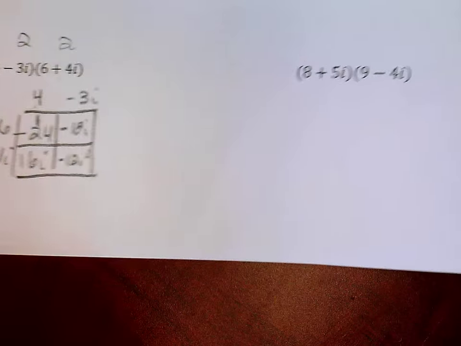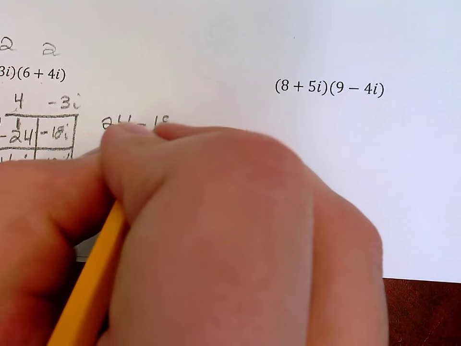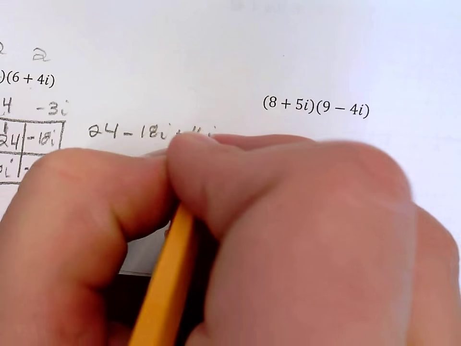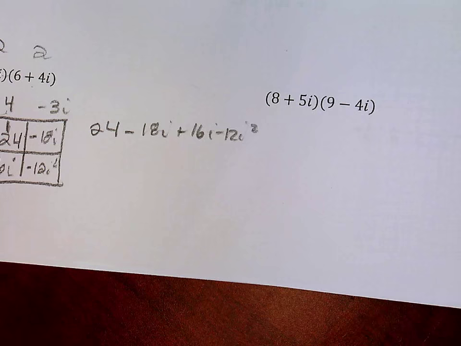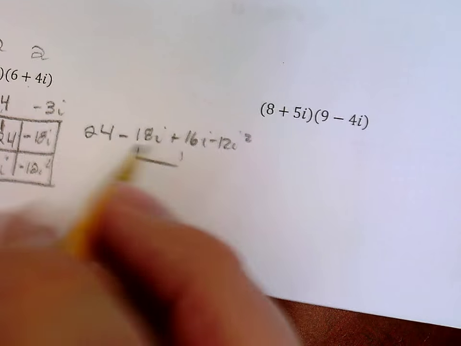So now I'm going to rewrite these numbers out here. That's 24 minus 18i plus 16i minus 12i squared. Now we just need to combine like terms. These two are like terms.